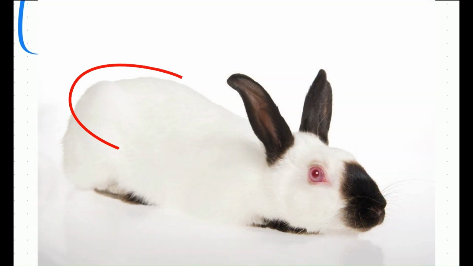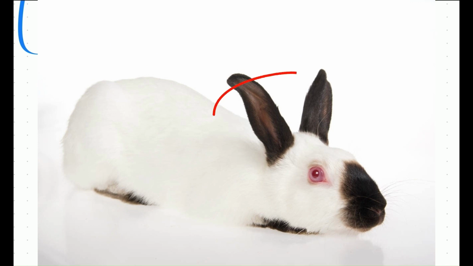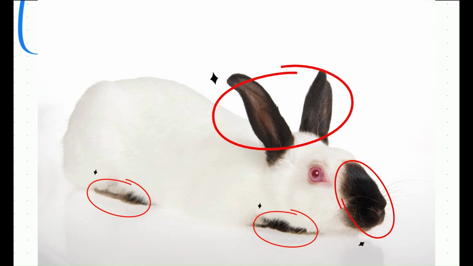In central body regions where metabolic heat is pervasive, the enzyme is disabled due to that heat. So no melanin is produced, and therefore in those parts of the body, the fur is white. But in cooler body parts, the enzyme is still functional, and so melanin is produced, and thus the fur is tinted that darker brown color.